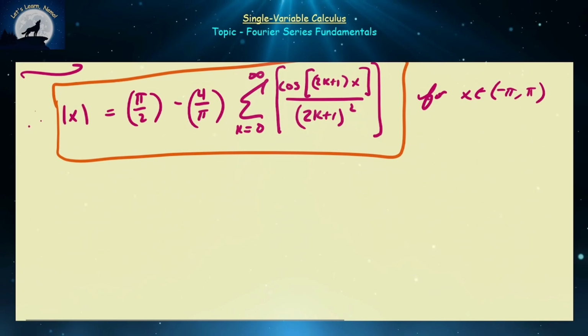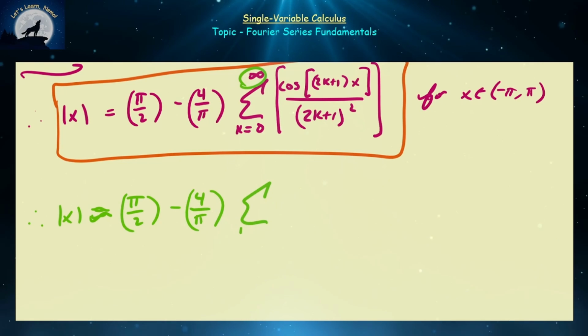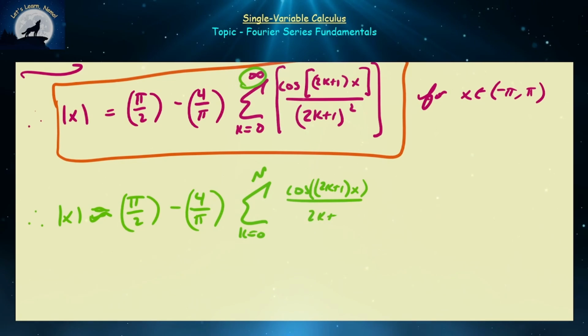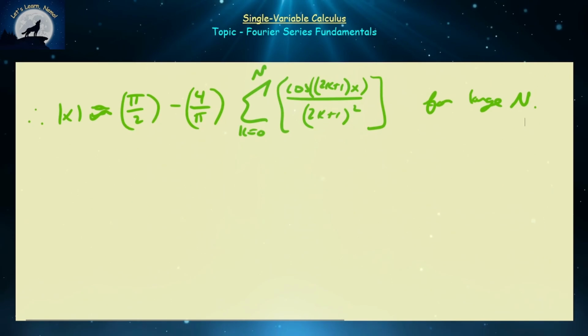And that is the Fourier series of this function on minus pi to pi. So if we want to approximate the absolute value of x on minus pi to pi, because we typically can't go to infinity, we can say that this is approximately equal to pi over 2 minus 4 over pi times the sum from k equals 0 to capital N of cosine of (2k plus 1)x all over (2k plus 1) squared, obviously for large N. So once you have that, then it can start to approximate.